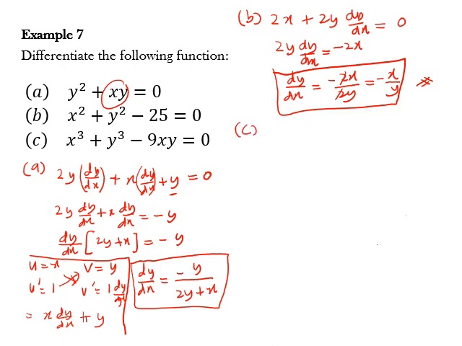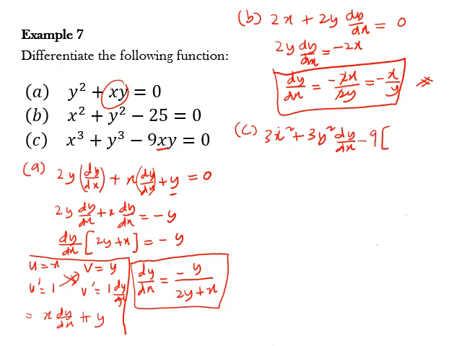For C, you need to use the product rule for this one, but we have done it here, so I just take the value. So x to the power 3 differentiated, we'll get 3x squared plus 3y squared. Don't forget dy/dx, minus 9.